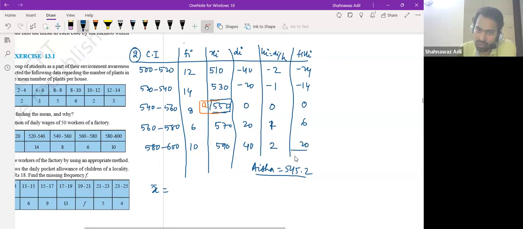The summation of FI. This is 38 and this is 26. So 12. So what did you guys get?